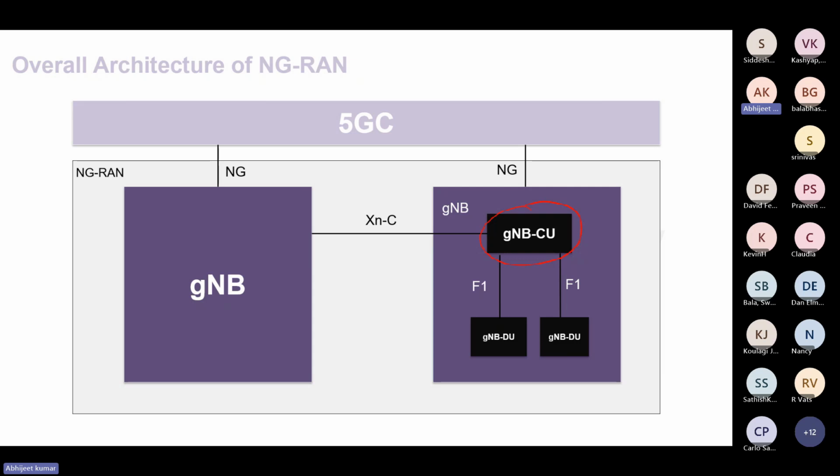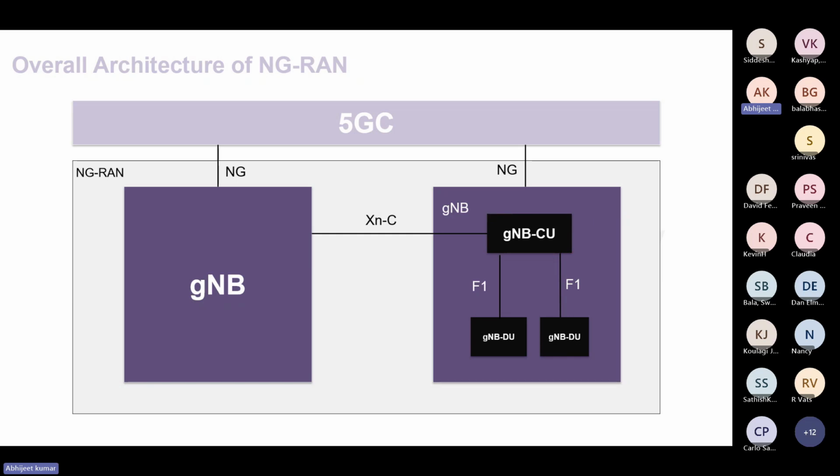Okay, so here the control plane, we can say, is the process that manages the network, that can set up the connection, manage the connection, or terminate the connection. So that's why here we can say RRC. Second, we have the gNodeB-DU.